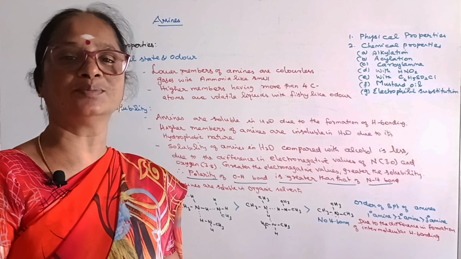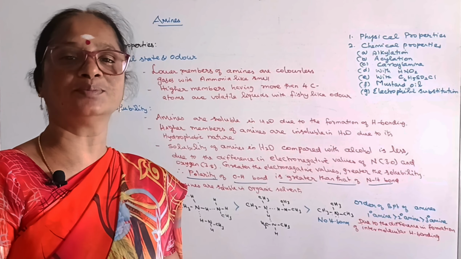The electronegativity value of fluorine is 4, that of oxygen is 3.5, and for nitrogen it is 3.0. So the electronegativity values of these 3 atoms differ, and this makes a difference in the formation of hydrogen bonding among themselves or even with water.